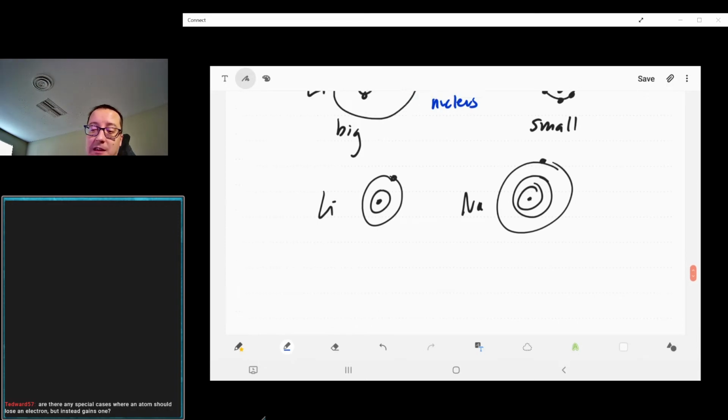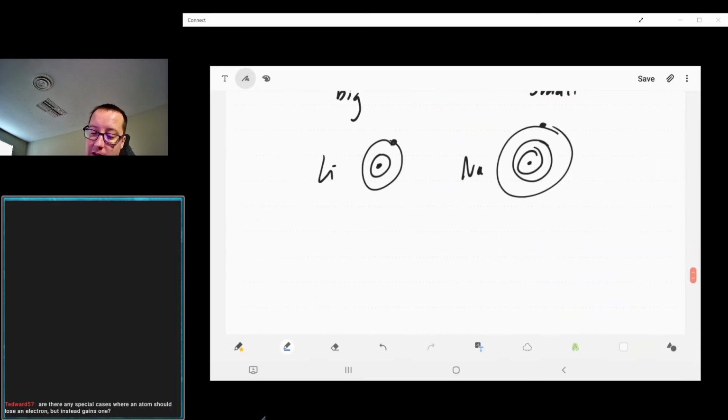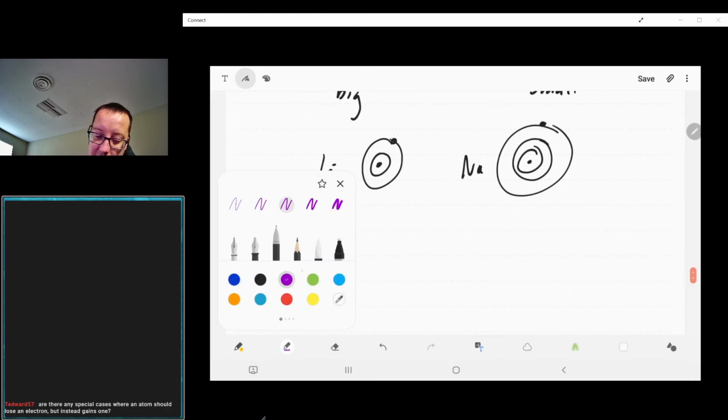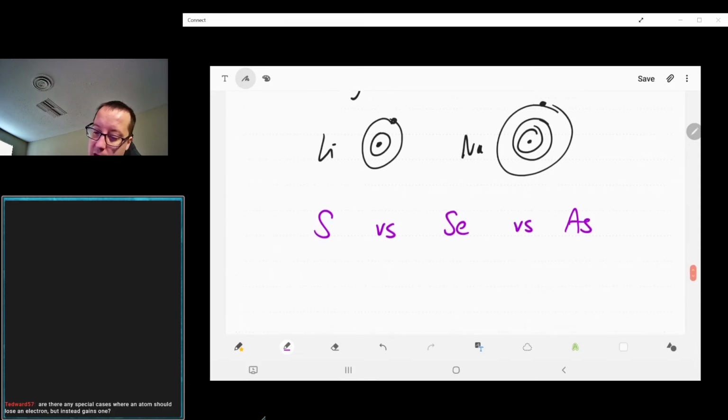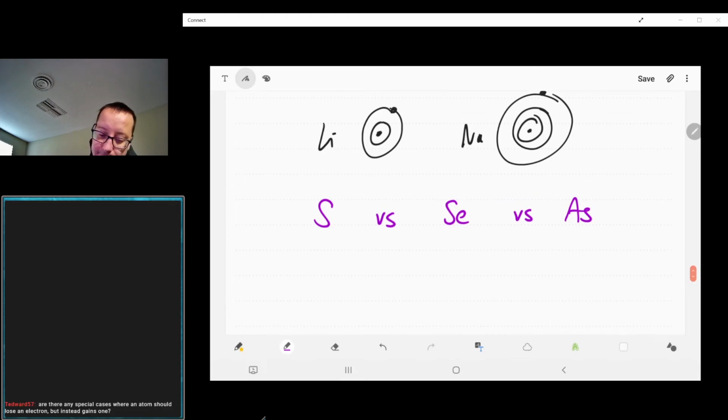So I'll just be kind of asking you to compare. Let's look at these three elements.